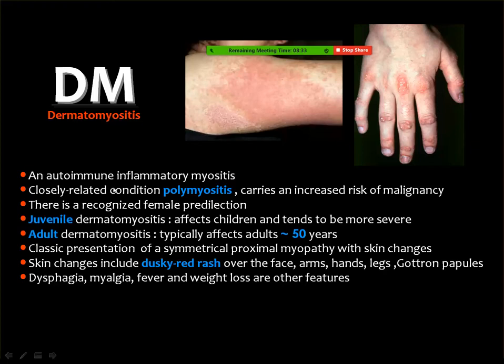Dermatomyositis is an autoimmune inflammatory myositis affecting also the skin. And there are two types, the juvenile type, which is seen in children, and the adult type, which is seen in patients around the age of 50.